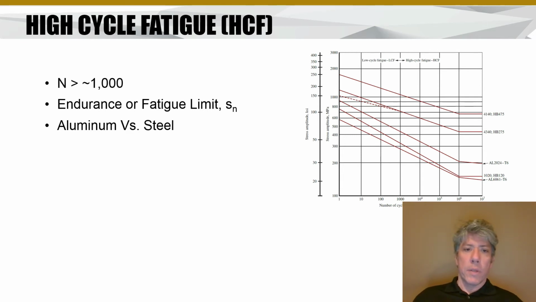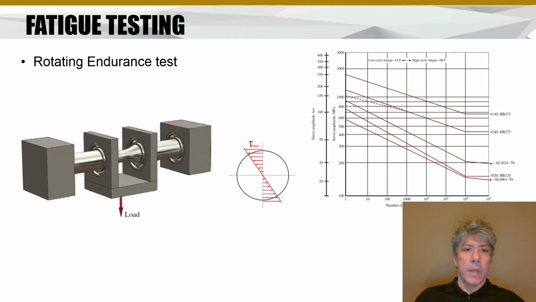The so-called endurance or fatigue limit for aluminum is usually published at about 1 million or 10 million cycles, but you have to understand that you can't have as much stress if you have more cycles than that on the aluminum part. I'll reiterate that steel can have an actual infinite life as long as you keep the endurance or fatigue limit or the fatigue stress low enough, but aluminum cannot.